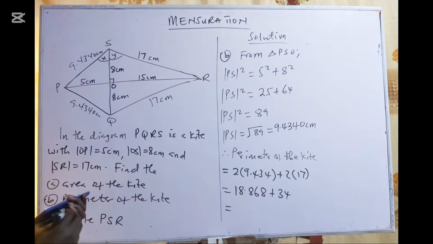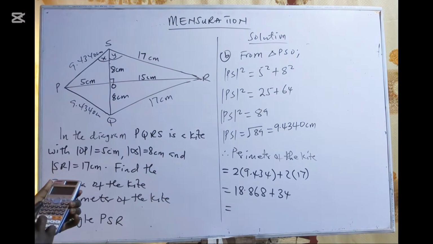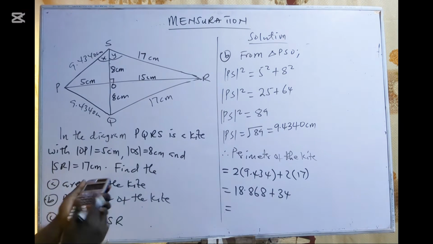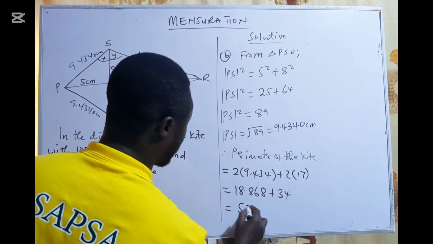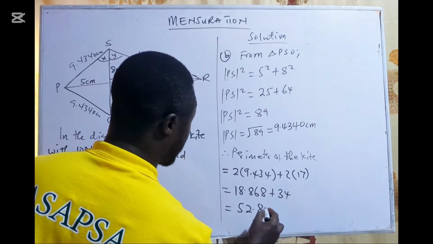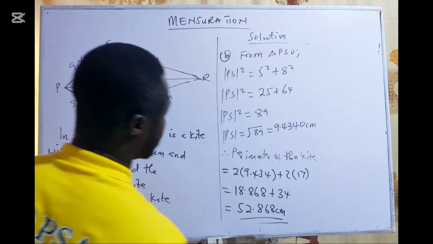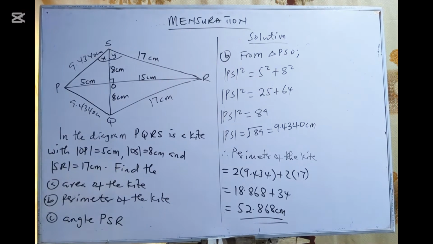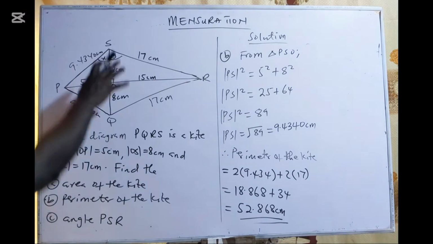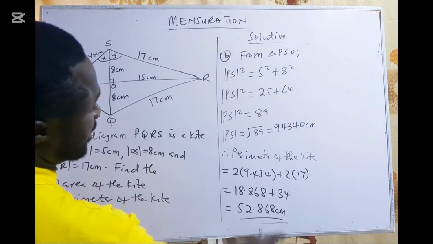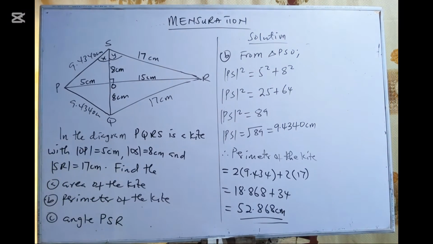That is 17 plus 17. So 18.868 plus 34 will give us 52.868 centimeters. So the perimeter of the kite is 52.868 centimeters.